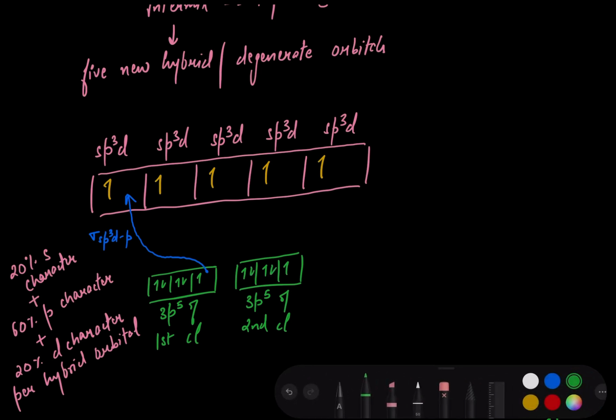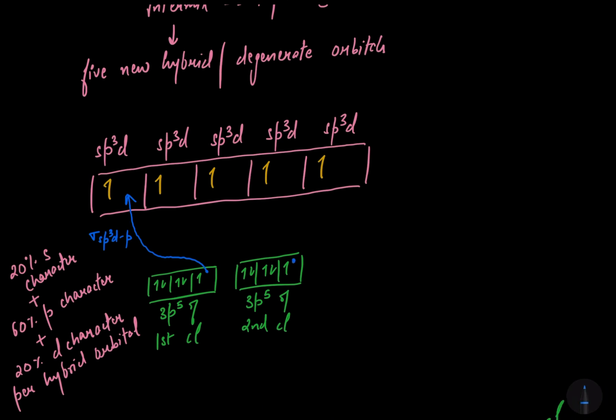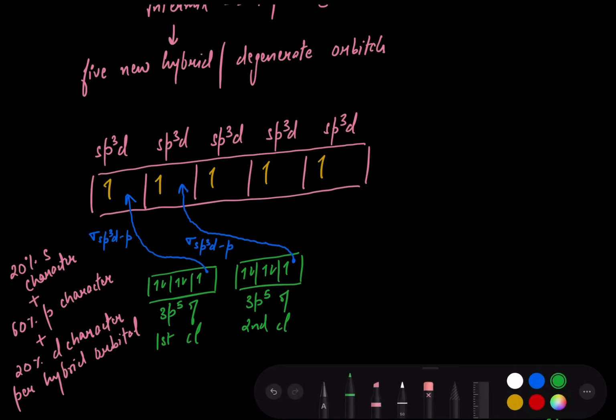Here we are left with one atomic orbital which has one electron, and this p orbital of chlorine will have head-on overlap with the sp3d hybrid orbital of phosphorus for the formation of a sigma bond. And we got the second sigma bond, named sigma sp3d-p. Why so? Because this sigma bond has been formed by head-on overlap of the sp3d hybrid orbital of phosphorus with the p orbital of chlorine.